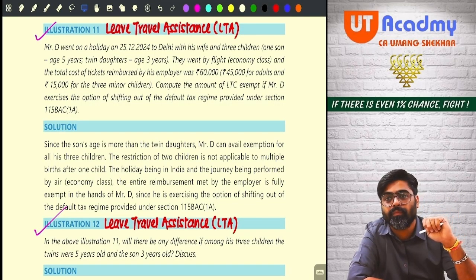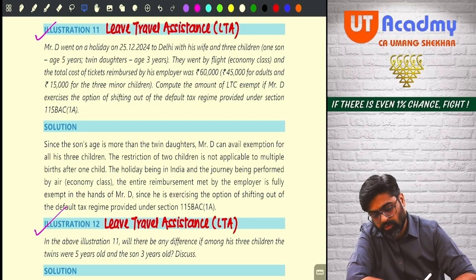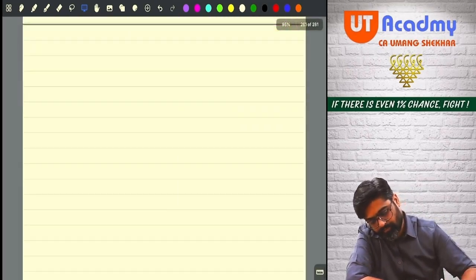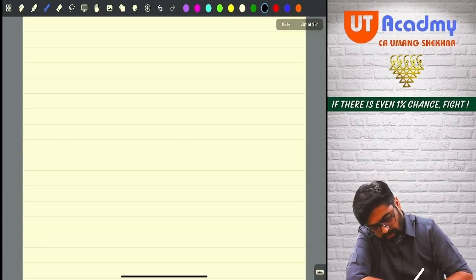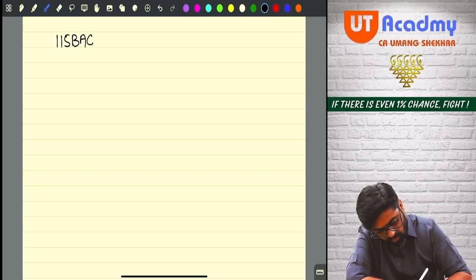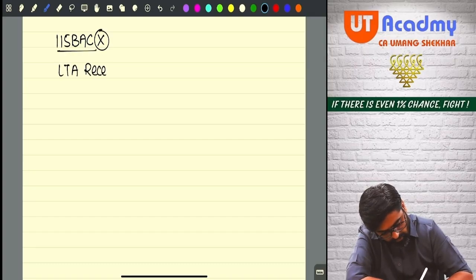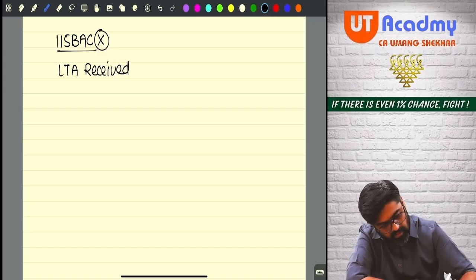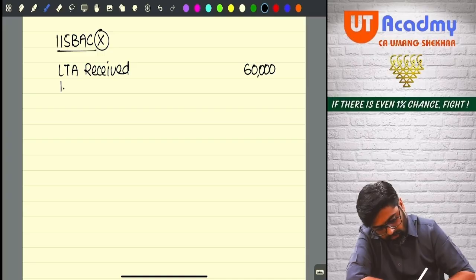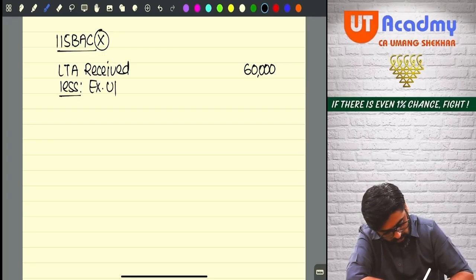Everyone, pay attention. How much LTA received? If the assessee is shifting out of 115BAC, then the LTA received was 60,000. Now out of this LTA, some LTA will be exempt under section 10(5).